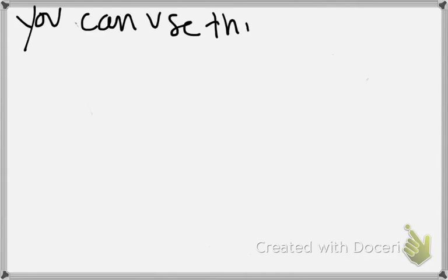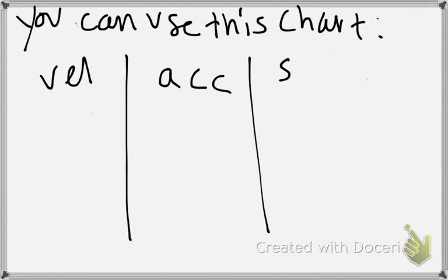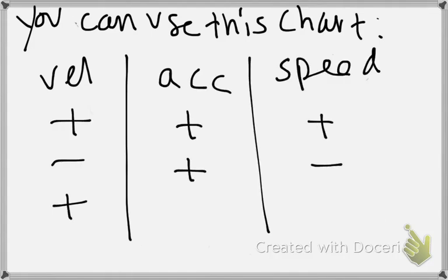So, there's a simple table that you can use to find if the speed is increasing or decreasing at a point, and I'm writing it right here. At a given point, all you need to do is find the velocity and the acceleration. If at that point the velocity and the acceleration are both positive, then the speed is increasing.